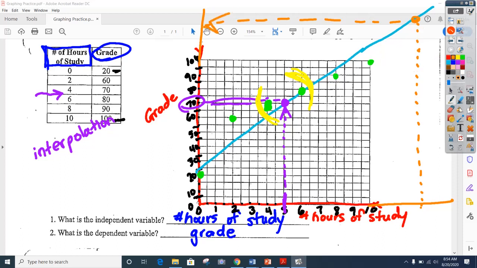Okay, so do you see how I'm asking you about a point on the line of best fit that is beyond this last data point that I've plotted, this last point right here? So what I've shown you in orange would be an example of extrapolation. I'm asking you about a point on the line of best fit that is beyond the last data point that we collected in lab.